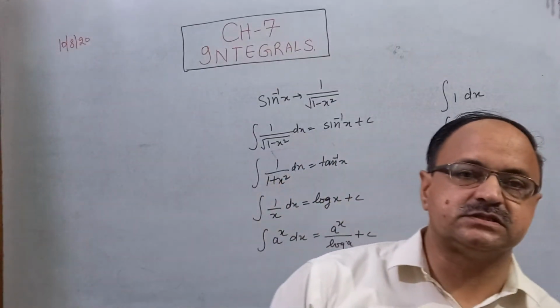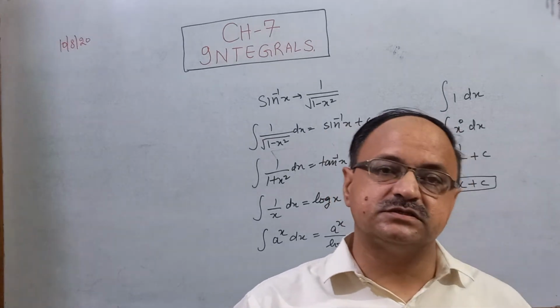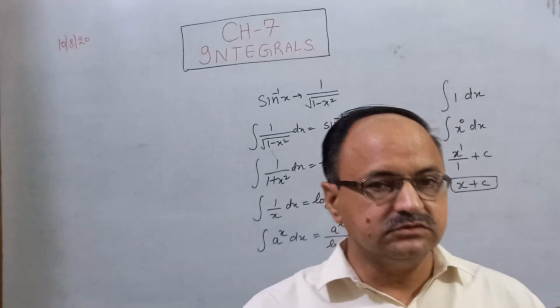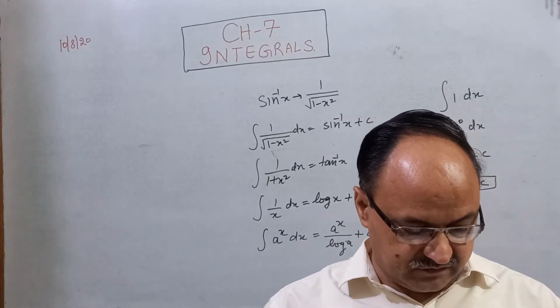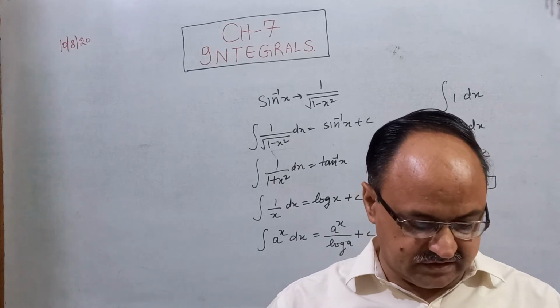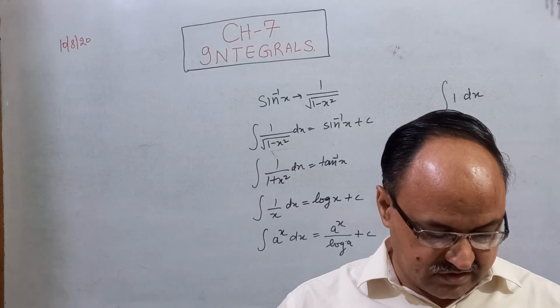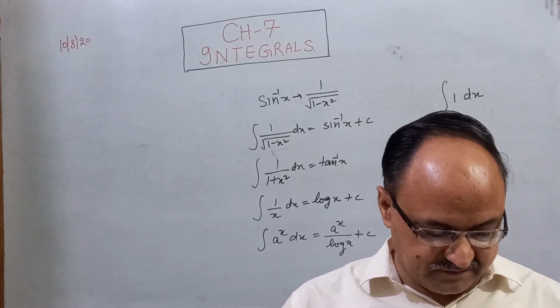The integration of e to the power x is e to the power x, because the derivative of e to the power x is e to the power x. Before starting the integration, learn these formulae, correct? If all the formulae are in your mind, then you can solve the problems of integration. Otherwise, you are in trouble, correct?